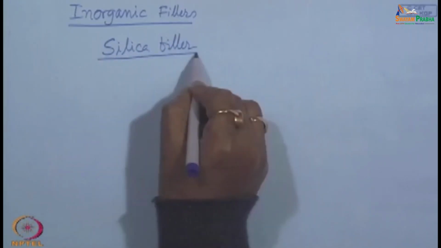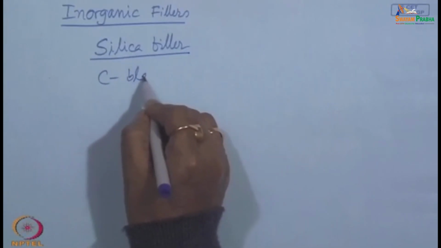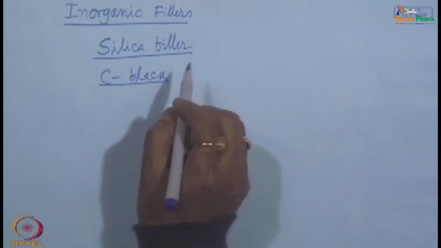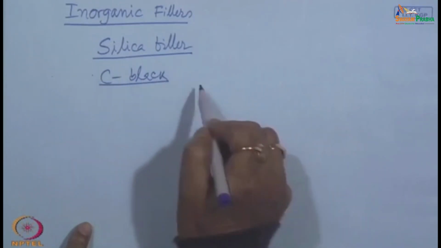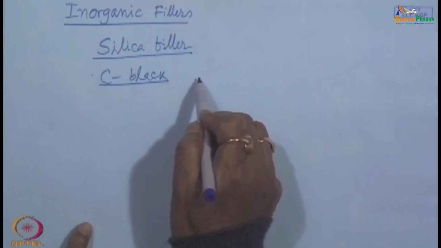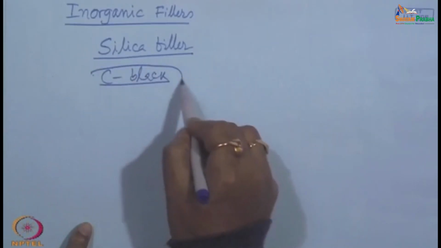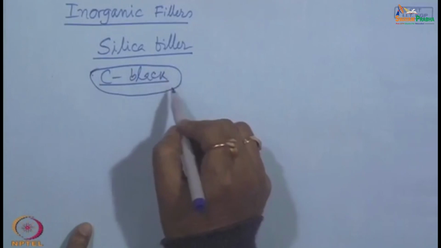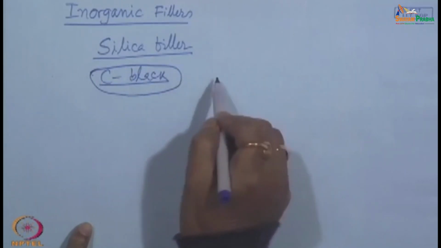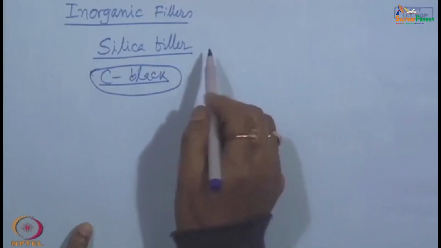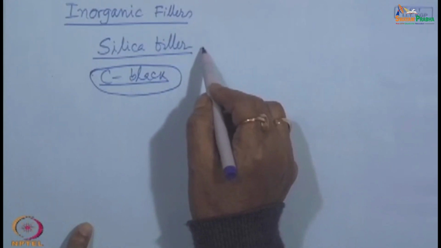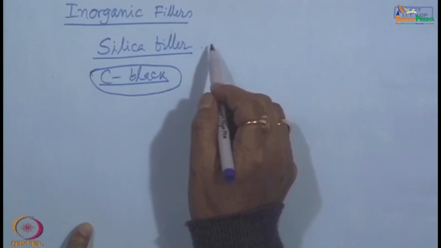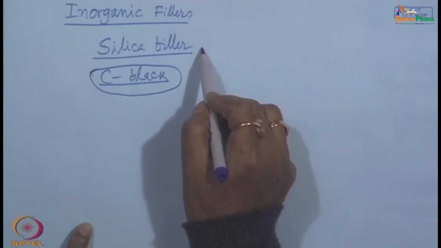This is not compatible with hydrocarbon rubber, whereas carbon black, as I discussed earlier, is very well miscible or compatible with these hydrocarbon rubbers. Carbon black can be easily accommodated by rubber, and there can be interaction between the carbon black particles and the rubber molecules, whereas silica filler cannot enter into physical or chemical anchorage to the rubber polymer chain.